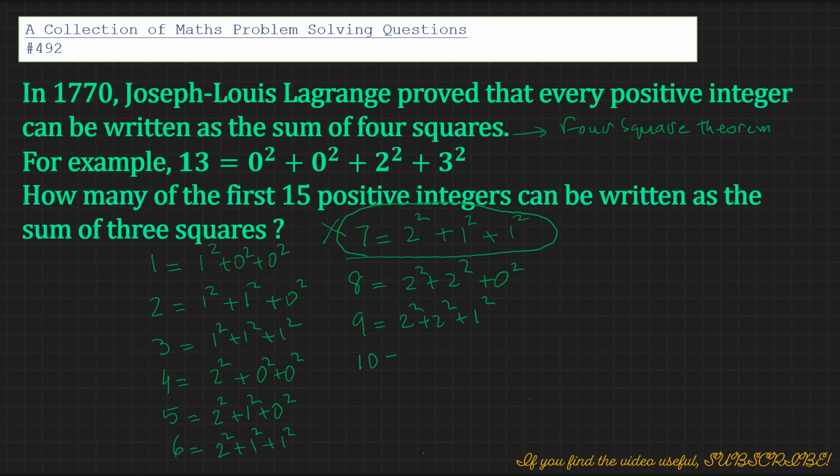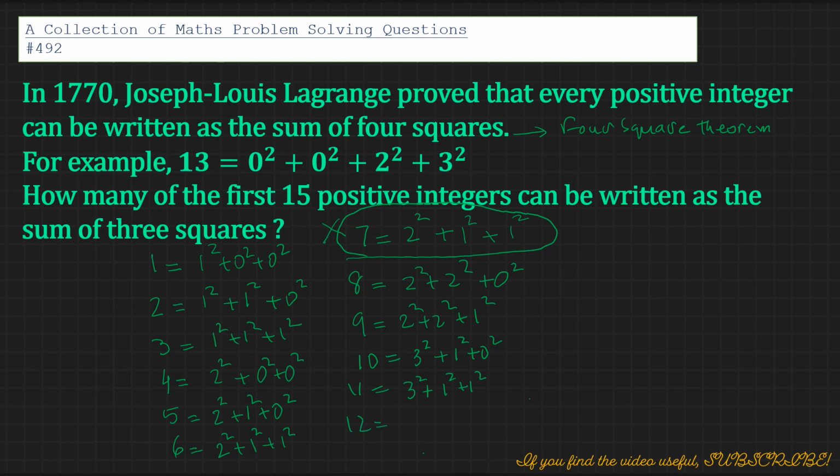And then 10 we can write as 3 square plus 1 square plus 0 square, that's 9 plus 1. 11 is 3 square plus 1 square plus 1 square, 9 plus 2.